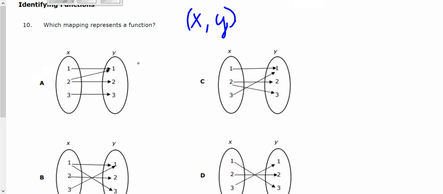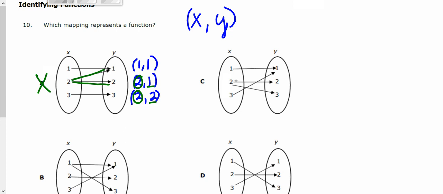So for example, here I have 1, 1, and then I have 2, 1, and then I have 2, 2. So here's the problem, this here has 2 y values, 1 and 2. So this is not a function. So this is not my answer.